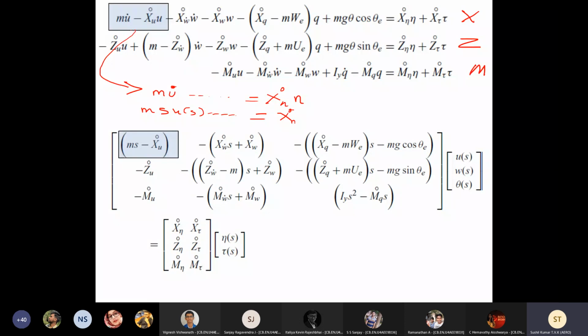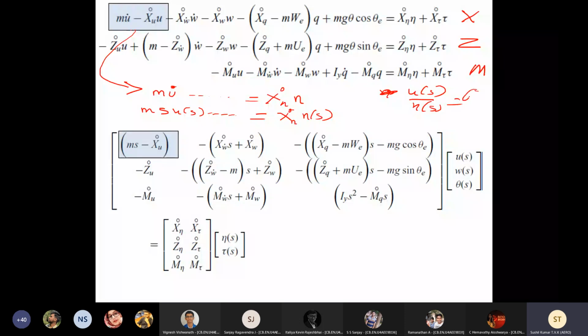Now if I want the transfer function, all I have to do is manipulate this a little bit. Output is u of s by eta of s. So you take all these things and then you'll get this transfer function g of s. I'm just telling a simplified thing, okay, just to make you understand what's going on. But we can't ignore other terms.